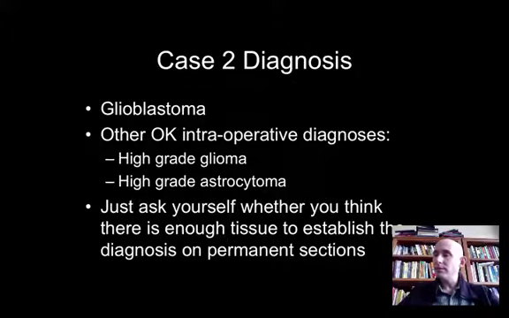So regardless of other appearances, pleomorphism, cellularity, it's the mitoses that really matter. And then finally, glioblastoma ordinarily has additional cellularity and so forth, but really what you need to establish the diagnosis is either necrosis, and it doesn't need to be pseudopalisading, and or microvascular proliferation. So, but you knew that.